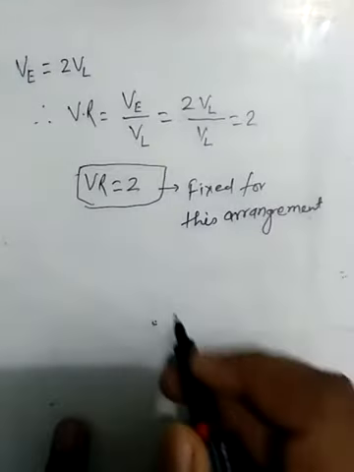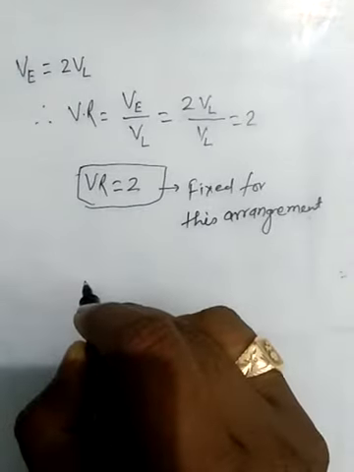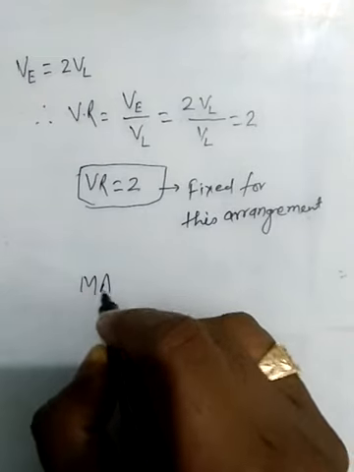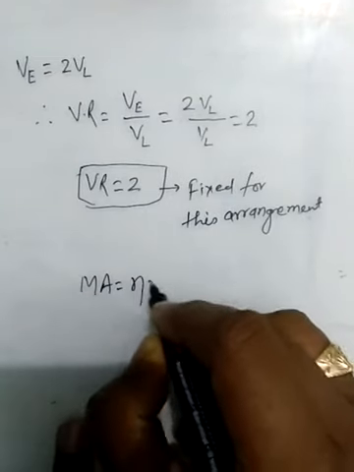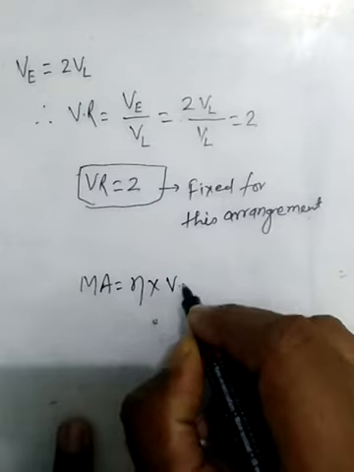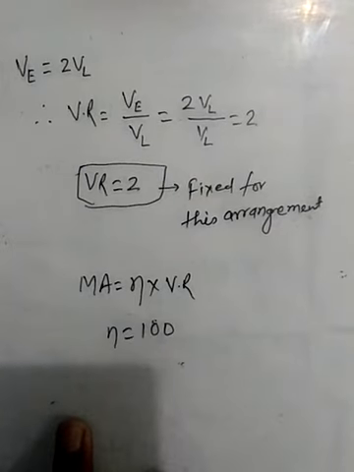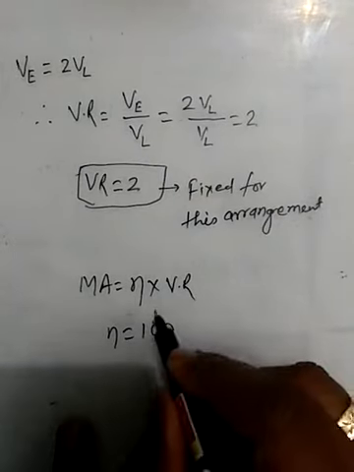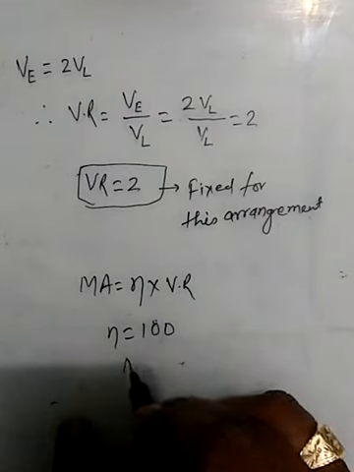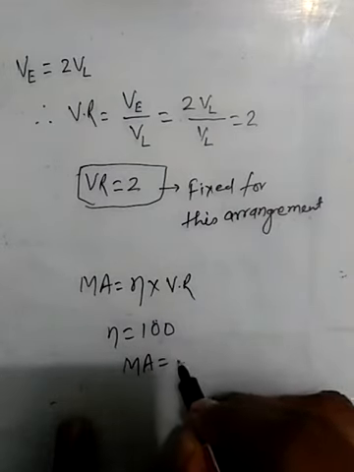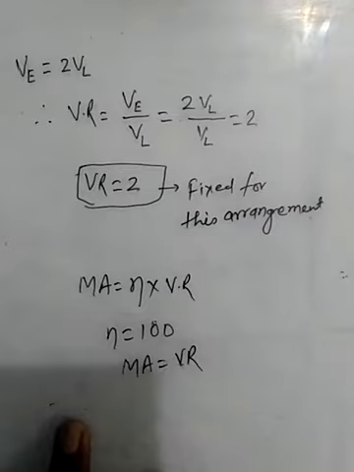This is fixed for this arrangement, but the mechanical advantage is variable, which will be equal to efficiency into velocity ratio. If efficiency is 100%, then mechanical advantage will be equal to velocity ratio.